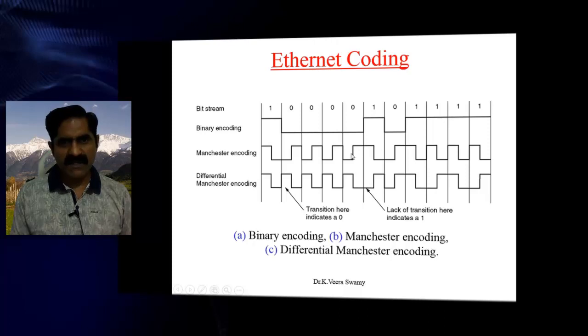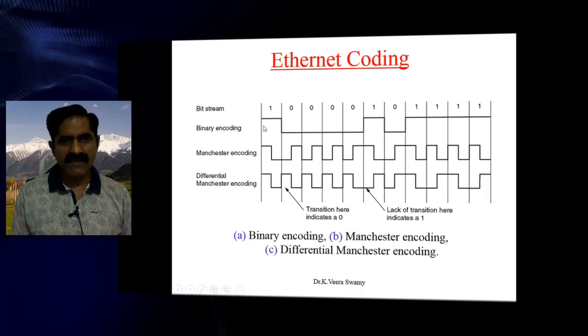So in Manchester encoding, 1 is represented by high-low, 0 is represented by low-high. Whereas in differential Manchester encoding, whether a transition exists or there is a lack of transition, these two are used to code either 0 or 1. So Manchester encoding and differential Manchester encoding are popular.